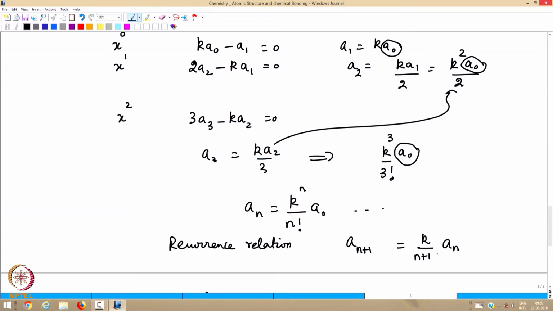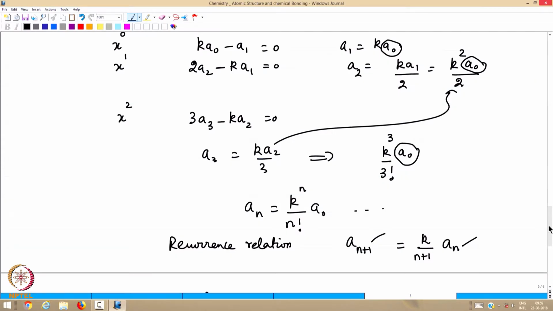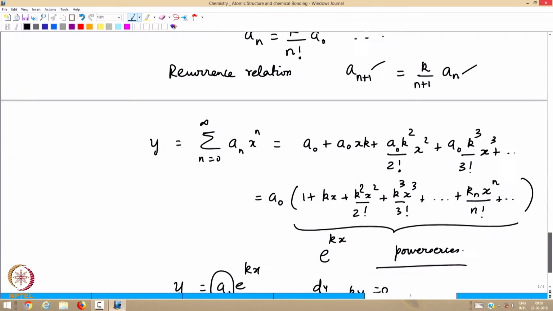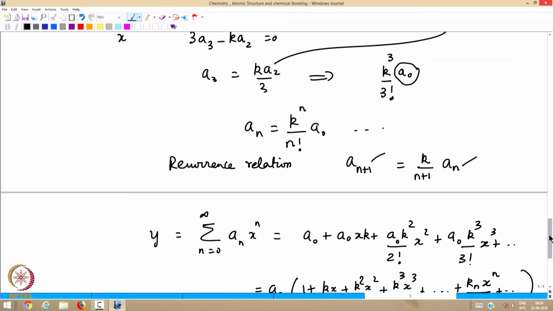So, the recurrence relation tells you the relation between the coefficients in some form such that they can be generalized, and the result that you saw here, namely a n is equal to k raised to n over n factorial, is a repeated substitution of this into a n by a n minus 1, and then a n minus 1 by a n minus 2, and a n minus 2 by a n minus 3, and so on.